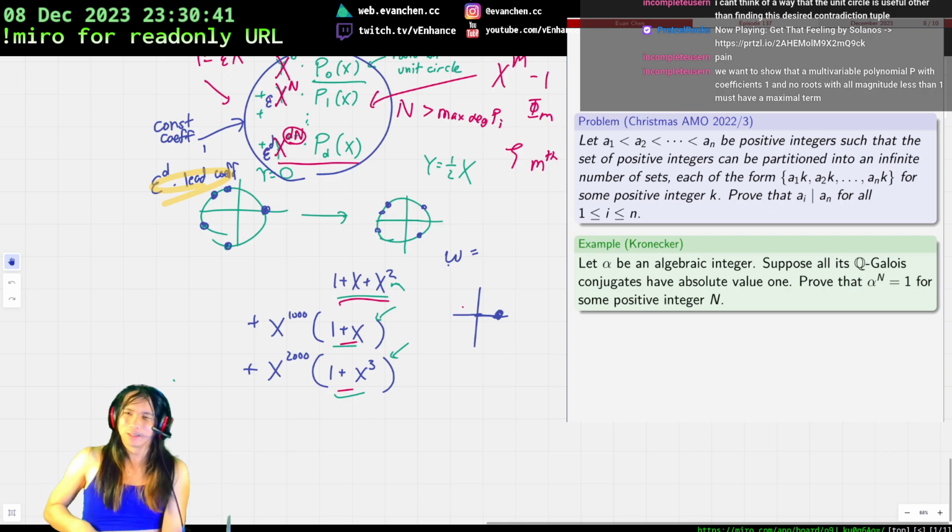But I think the point is that it has to just factor, right? Is that the claim? So okay, how do multivariable polynomials work? Does anyone have any idea?